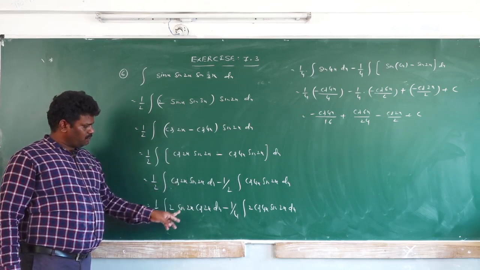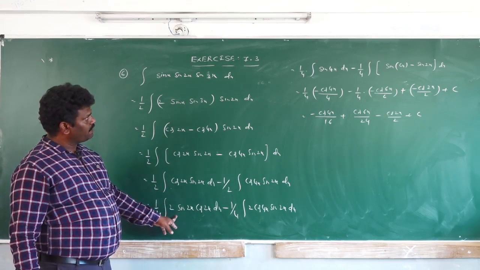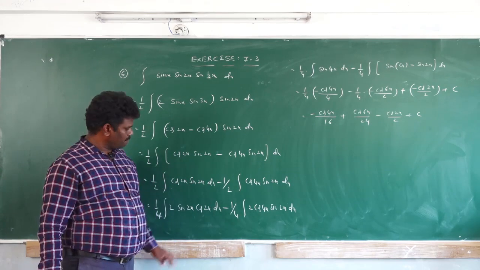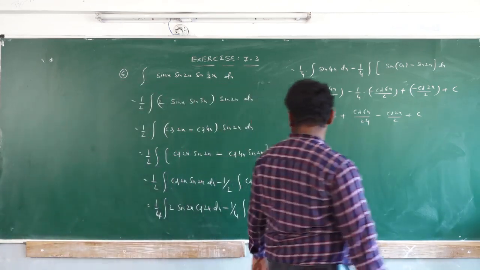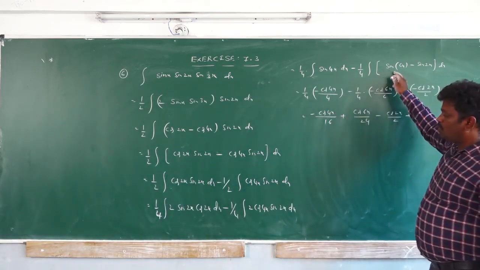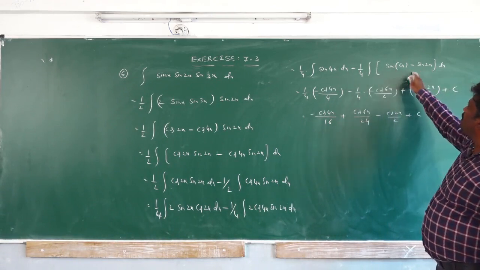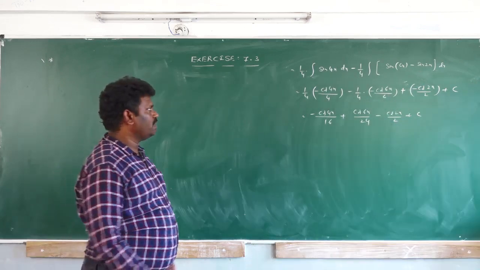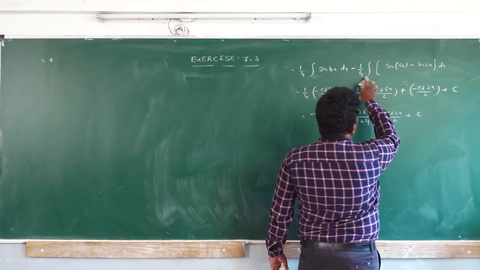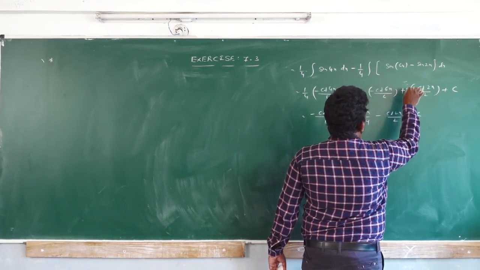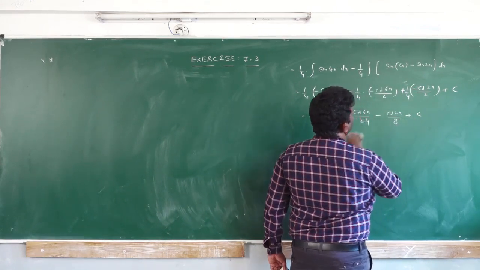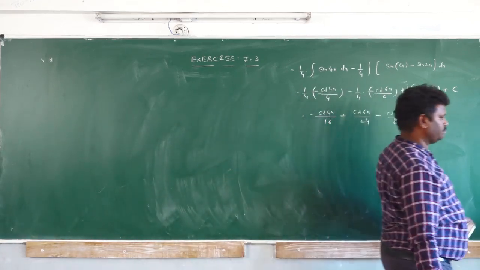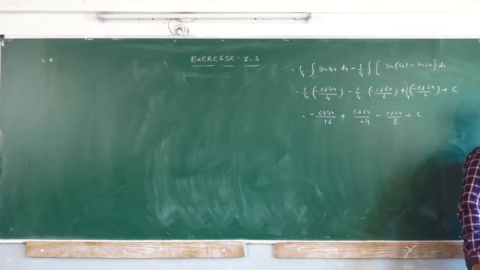Then we get the sin 2x formula, sin 4x, with sin 4x by 4 there. Next, sin 4x sin 2x, multiplying and dividing with 2, so 1 by 4 into 2, then applying this formula, giving sin 6x. Just multiplying with 1 by 4, then writing the final value: minus cos 2x by 8 plus c.